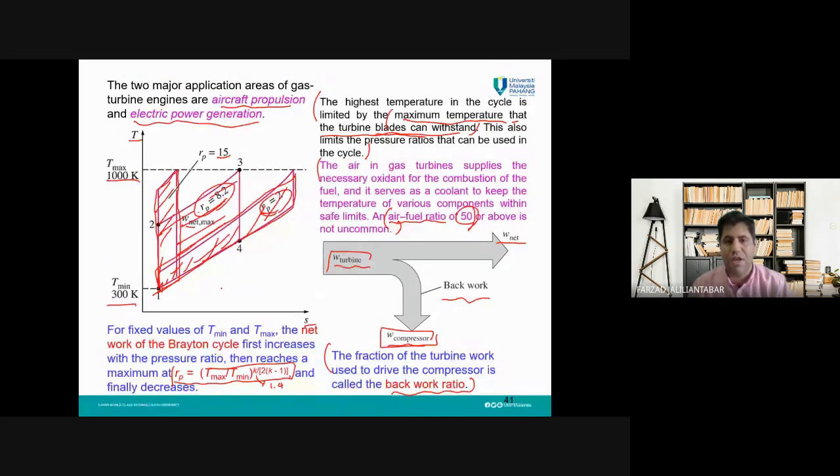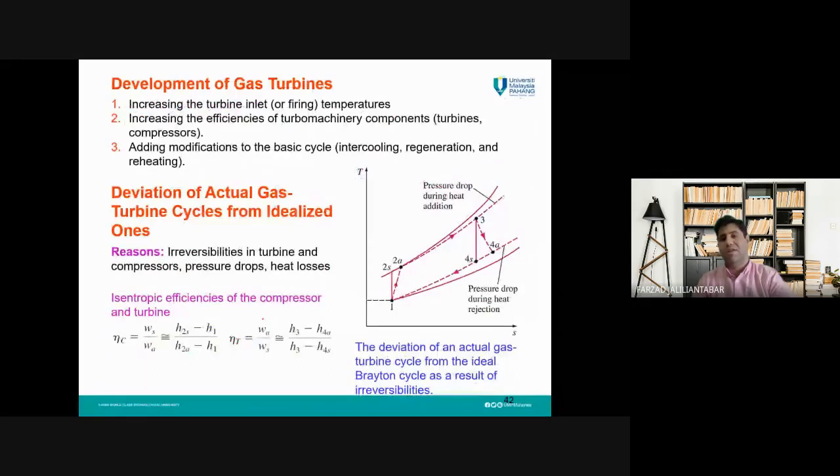So you can see here how we can calculate the thermal efficiency for the Brayton cycle, how it changes with the pressure ratio, and what the effective parameters are for the efficiency of the Brayton cycle.